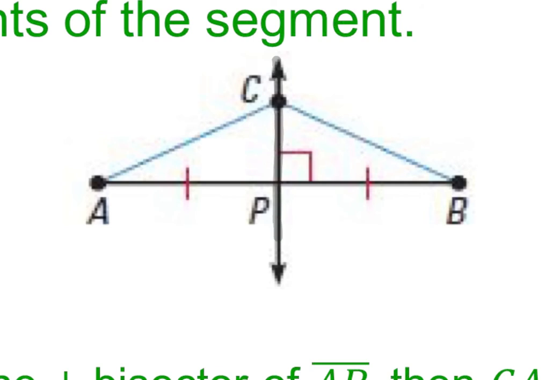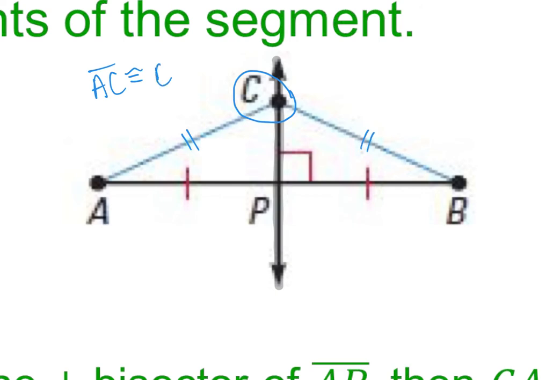CP. All the theorem is saying is if there's a point that lies on CP, it's the same distance from A as it is to B. So in other words, what's a point that lies on CP? Point C. Do you guys see that? Yeah. It's the same distance from A to B. So this segment, AC, is congruent to what segment? CB.